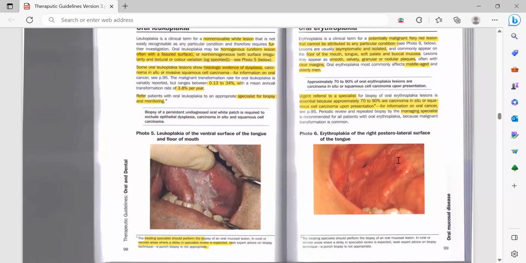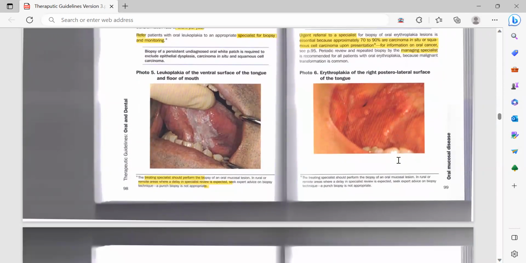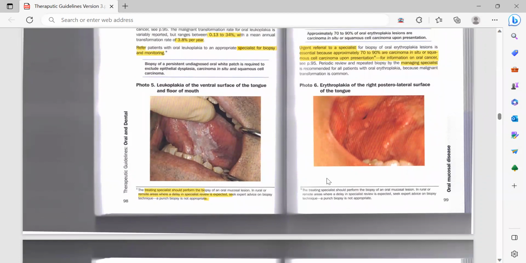Okay, so this is a question that can come in the exam: who would do the biopsy? Mainly, the treating specialist should perform the biopsy, but in rural or remote areas where a delay in specialist review is expected, you can take specialist expert advice on biopsy technique. And the punch biopsy is a type of biopsy that is not recommended.